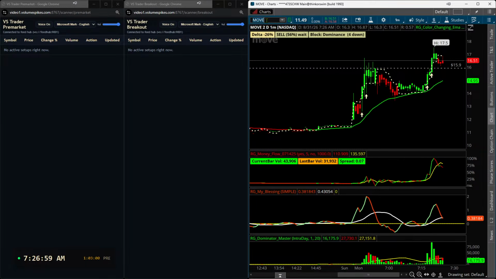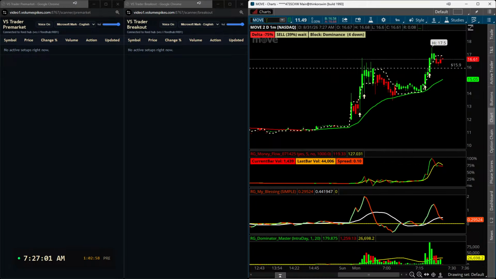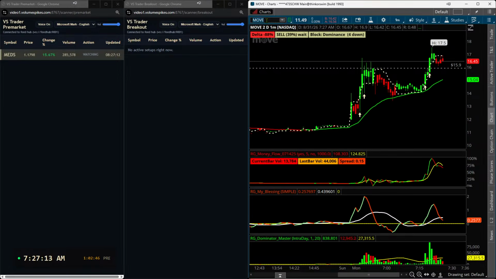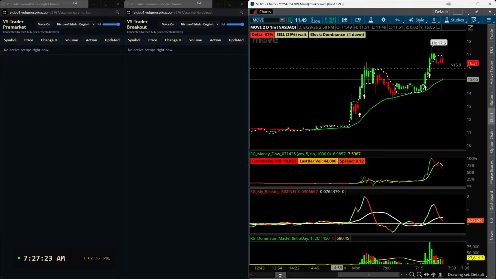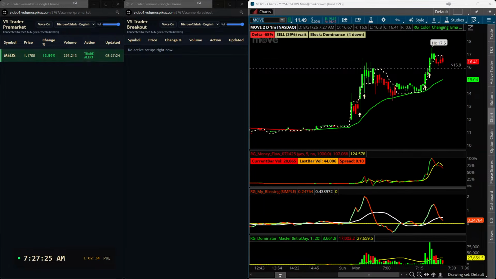Maybe they need to change the symbol from MOVE to MOVING. Scans are quiet. Nothing's moving. Patiently waiting.